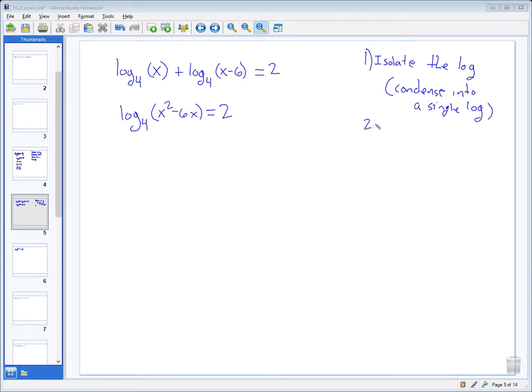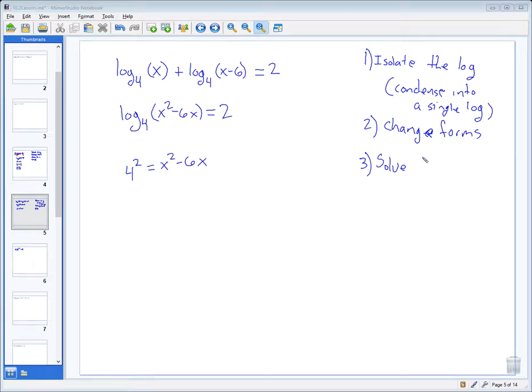Now that we've brought it down into a single log, we can then change forms, meaning use the inverse, change it to exponential form. The base is 4, the exponent is 2, and the argument is x squared minus 6x. Now we're on to our third step, which is solve.